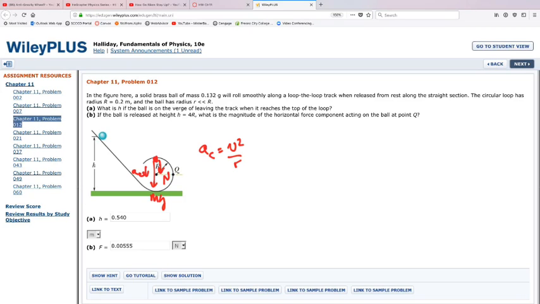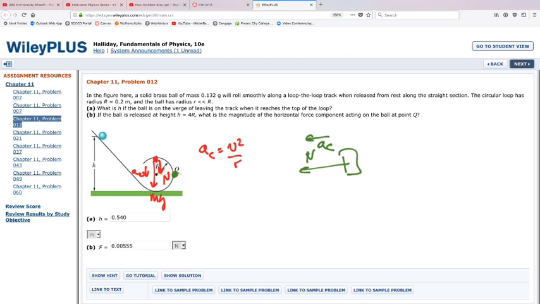The part that's different in part B is they're asking now about this horizontal position at Q. They want to know what the normal force is right there. Horizontal force component acting on the ball at Q. That's a normal force. So if I draw the ball at that side, I've got a normal force acting like that. What direction is the acceleration?